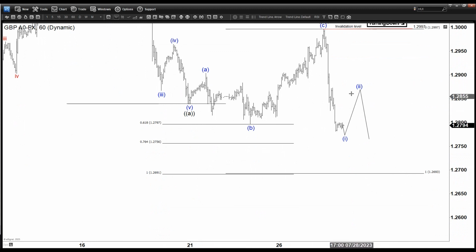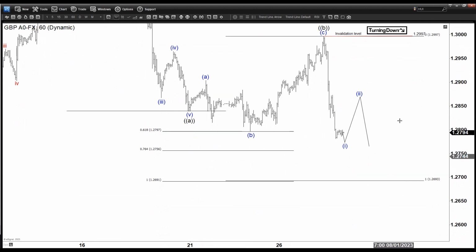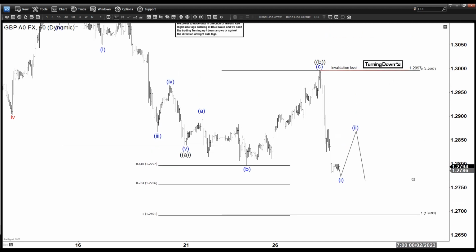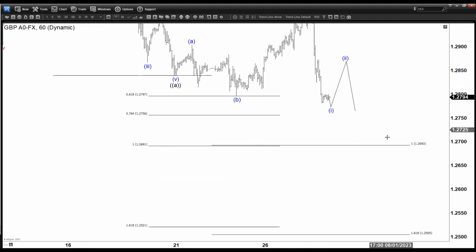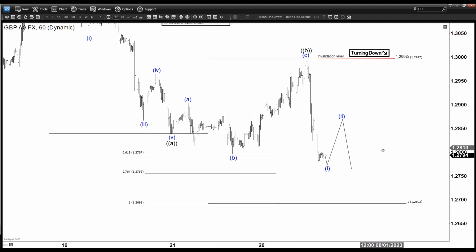So in other words, we still can see a bit more downside if we reach the 100%. And for now, the rally can still fail against the previous peak here, 1.3, and continue to go down until it reaches around 127, all the way down to 125, which is the 161.8% extension.